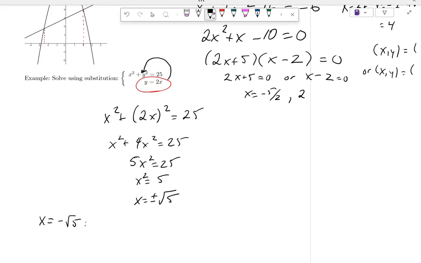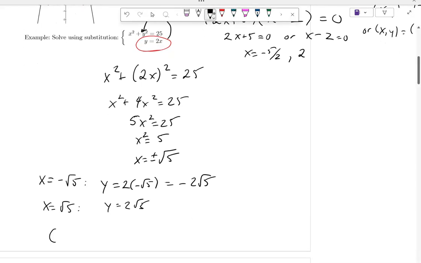How do I find it? What do I do with the negative root 5? Yeah, plug it in for x and that y equals 2x, right? I have y equals 2 times negative root 5, or just negative 2 root 5. The other one's just going to be the positive, isn't it?